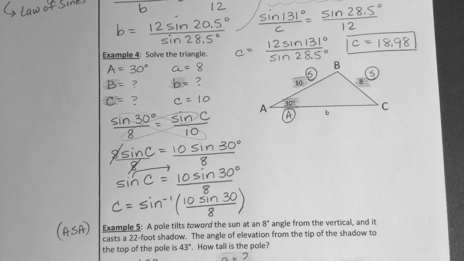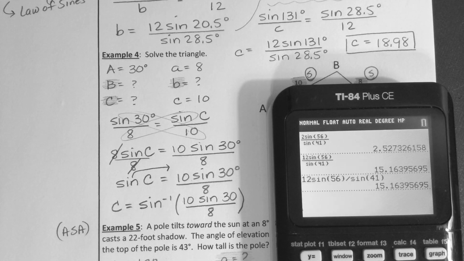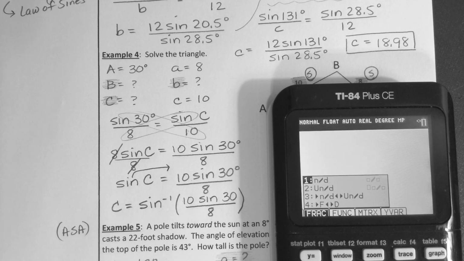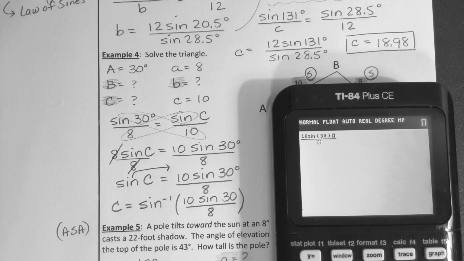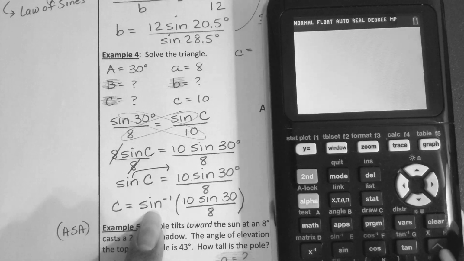Okay, so let's put it on our calculators. I'm going to do alpha y equals 10 times the sine of 30 divided by 8. Oh goodness, I forgot to put sine inverse, so let me erase that again. Sine inverse is right over here, above the sine button.